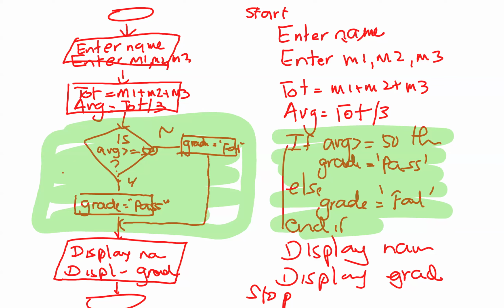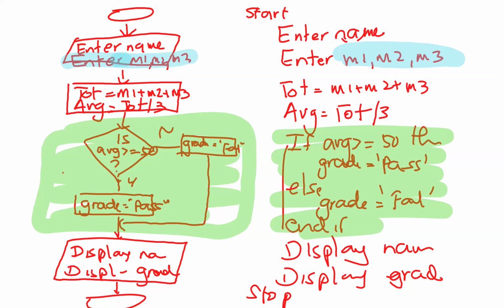Good. Now, can you see there is a place that we have to repeat something? Mark 1, Mark 2, Mark 3, right? As we have limited time, I'm going to discuss everything here. This segment, enter M1, M2, M3. Just think about this. If you have to enter 10 marks, you have to have 10 variables.